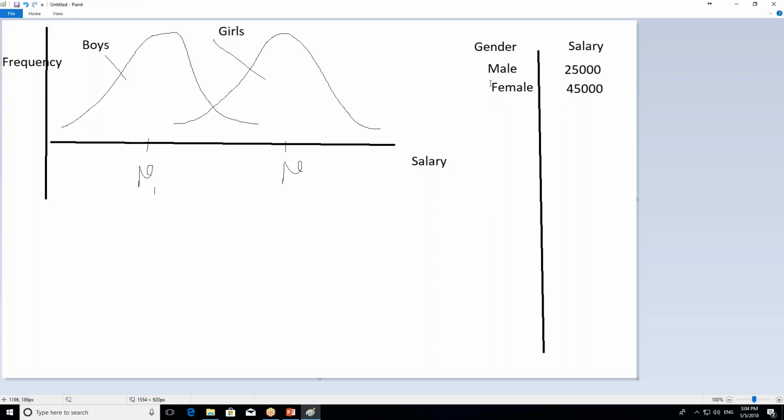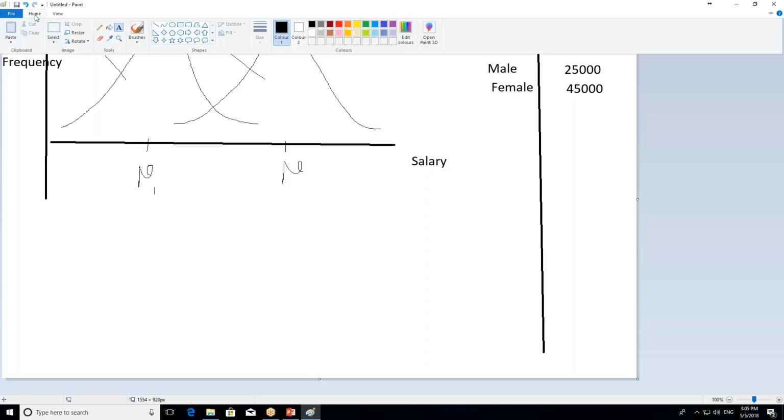Gender is one variable here, and salary is another. So the entire population has a variation, and the entire population has a mean, which I call the grand mean. The grand mean, or the mean of your salary population, is the mean of my boys plus the mean of my girls together, summed up and divided by 2.